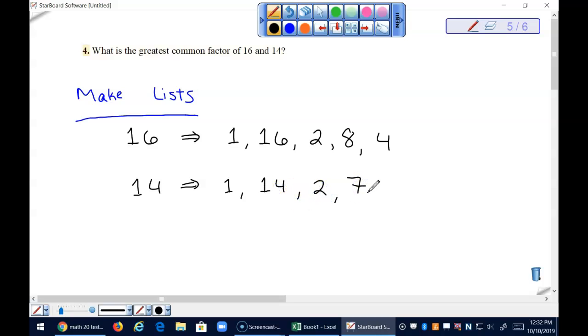Okay, so greatest common factor. What's the biggest one on both lists? 2, right? There we go. That's the brute force method. I'm just going to find all the factors for both things and take the one that's the biggest on both lists. That's the biggest common factor.